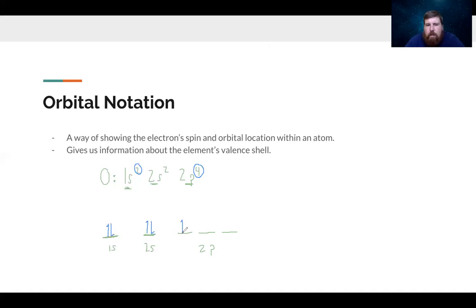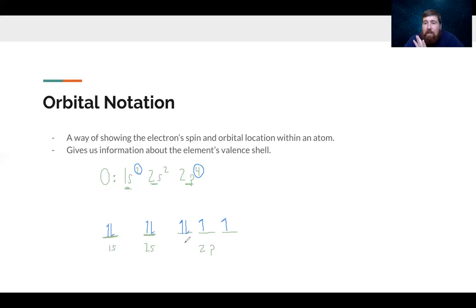We can go one here, one here, and one here, and notice that I drew these all up. And then that last electron, I've drawn 3 and there's 4. That last electron can technically go into any one of these orbitals, but by convention, we usually go from left to right, filling these up, and then this last one's going to go down.